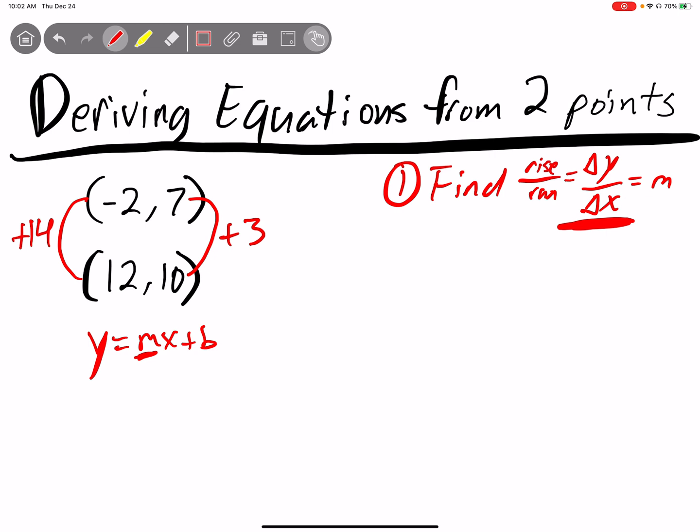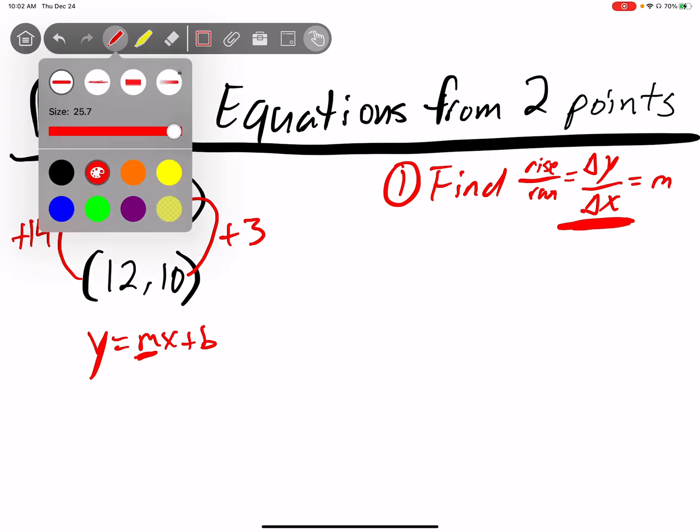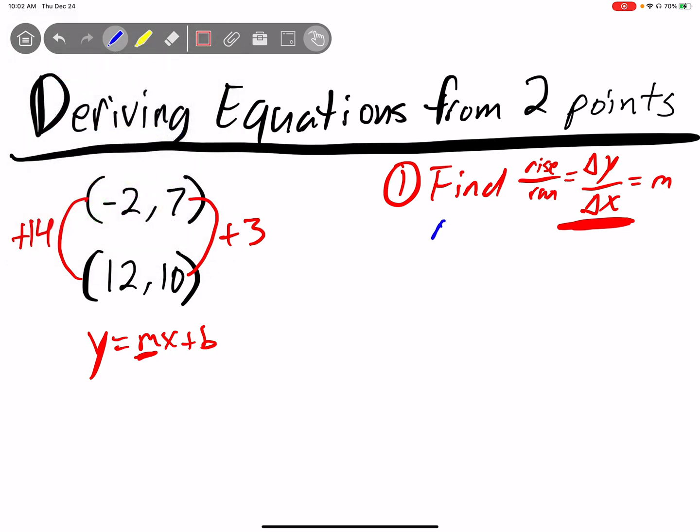I add a whopping 14. So my change in y over my change in x here is 3 over 14. This is my value of m. Okay? It's 3 over 14.